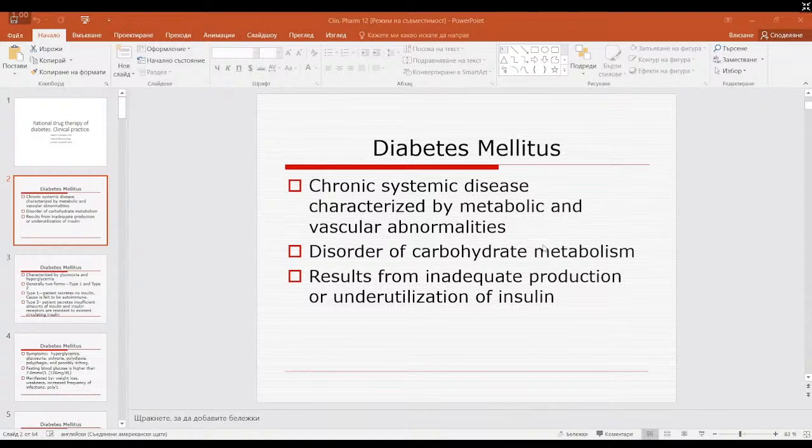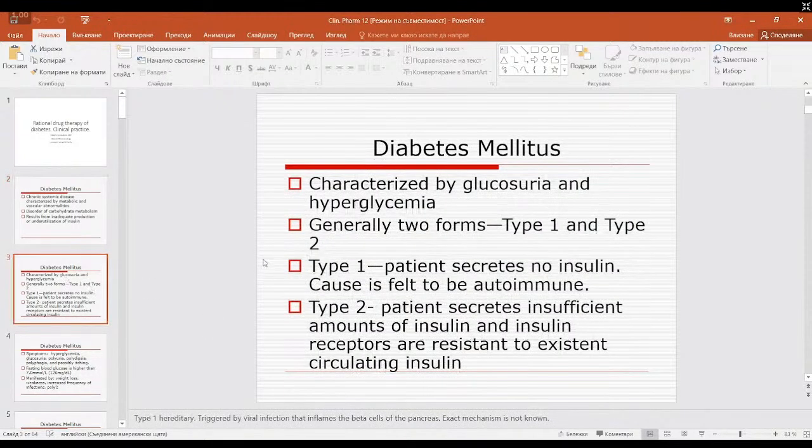It's a disorder of the carbohydrate metabolism and results from either inadequate production or no production at all of insulin, or underutilization of insulin, for example, due to decreased sensitivity of the insulin receptors to insulin. When diabetes becomes symptomatic, the symptoms are usually due to hyperglycemia and glycosuria.